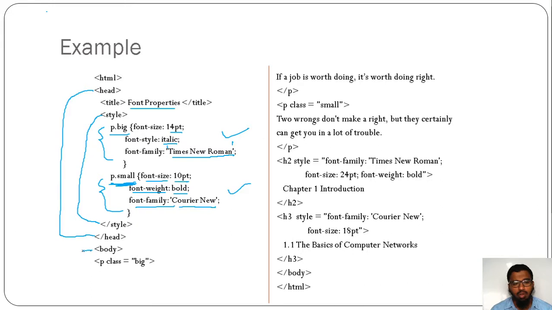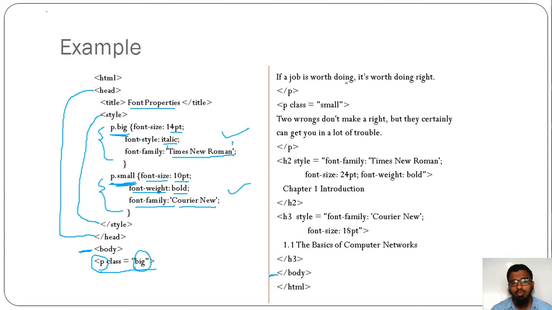Whatever content you write between the body will be displayed on the main page. So here see, p class equals big. I am calling p dot big with this p tag. So whatever content you write in this p tag, these properties will be applied to it.